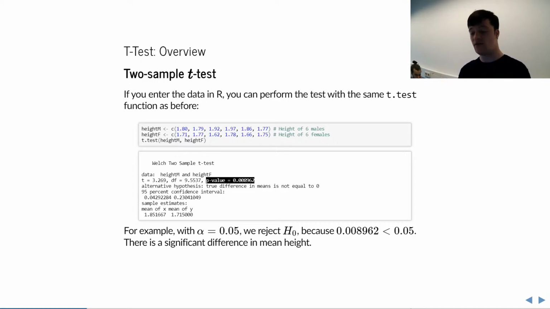Now, again, if we would choose an acceptable false positive level of 0.05, then we would conclude that there is a significant difference in height, because if males and females did actually have equal height on average in the population, then there's only a 0.9% chance that you would draw a sample with this large a difference. And that percentage is much lower than the agreed upon 5%. So you say, okay, the null hypothesis is probably not true. So we reject it, and we have sufficient evidence.